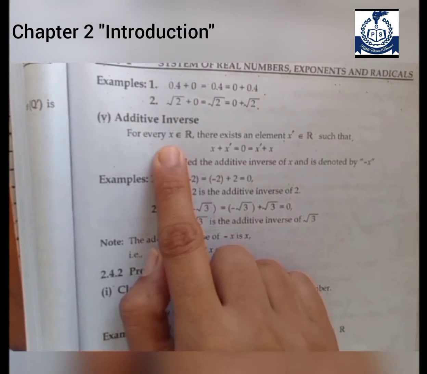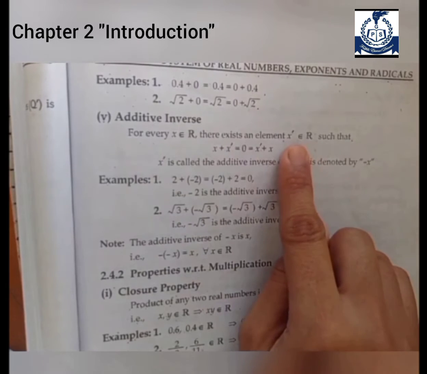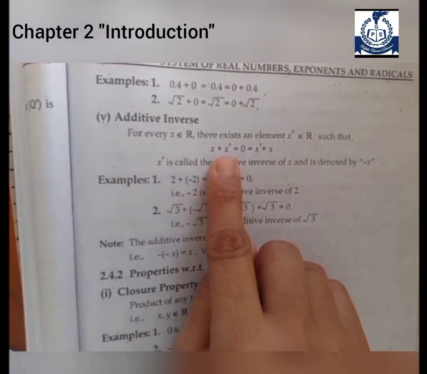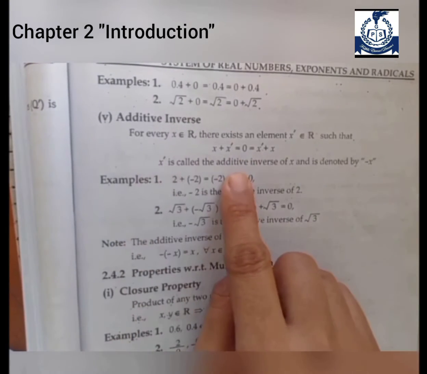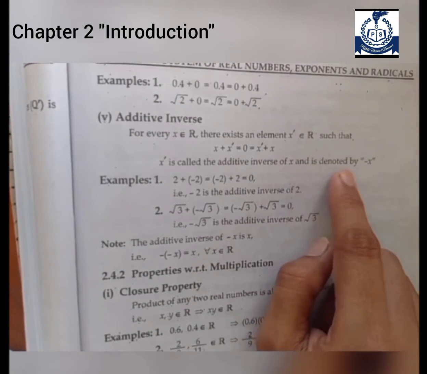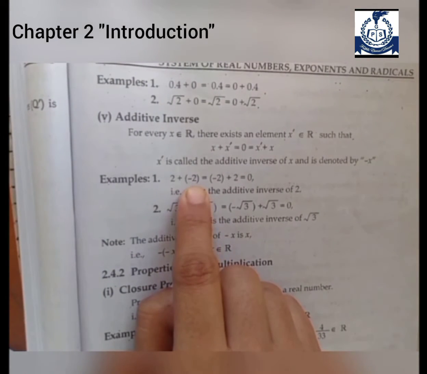Means we have x and the inverse of x, both belonging to real numbers. If we add x plus x bar or x bar plus x, we get 0.